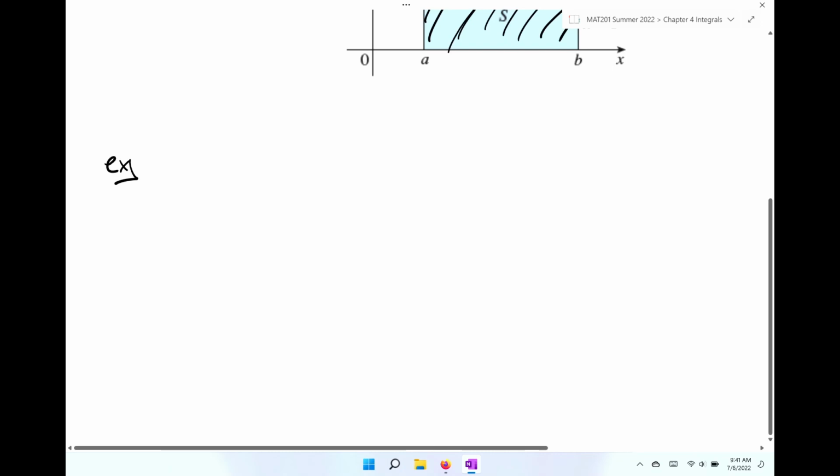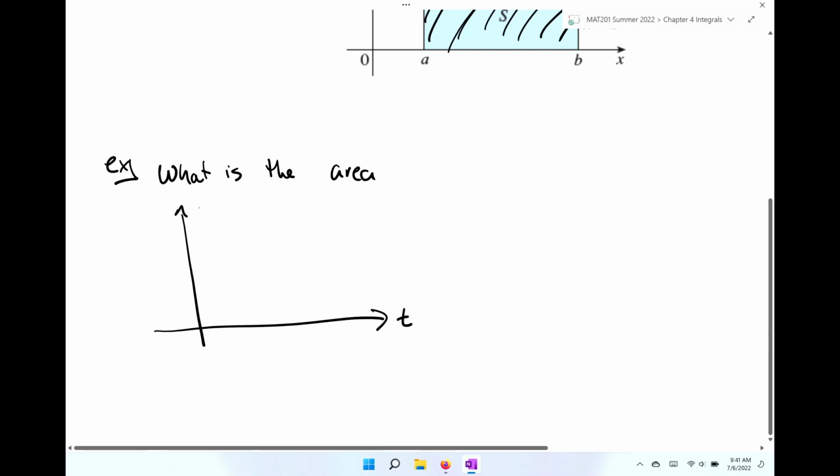For example, if I asked you what is the area of this graph, which in statistics we call a uniform distribution. Let me space that out a little bit more evenly here. There we go.